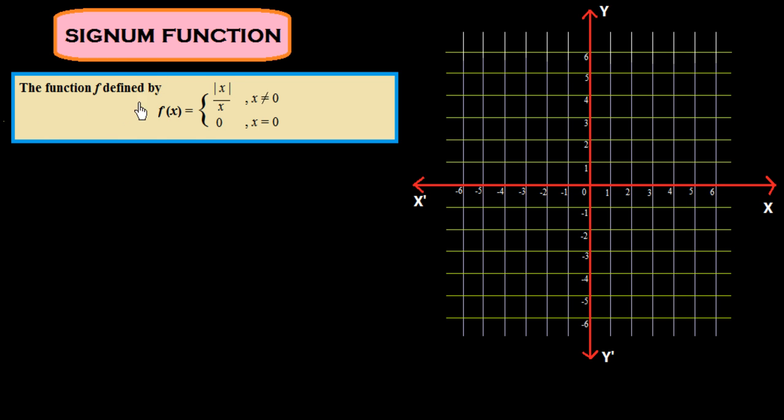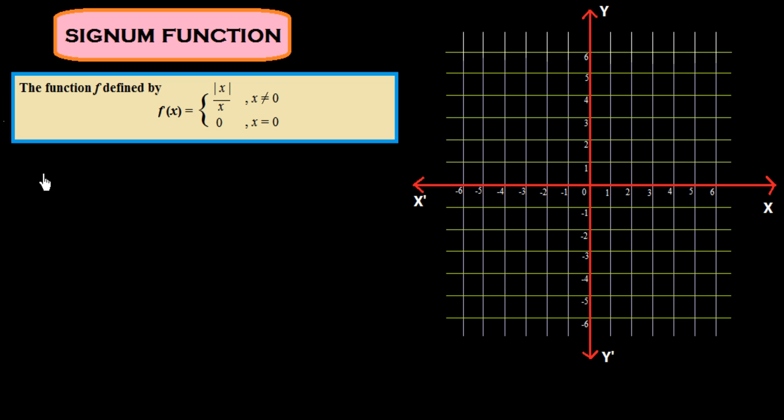We have the function f defined by f of x is equal to mod of x over x, where x is not equal to 0. If x is equal to 0, it is 0. So I would like to explain here.